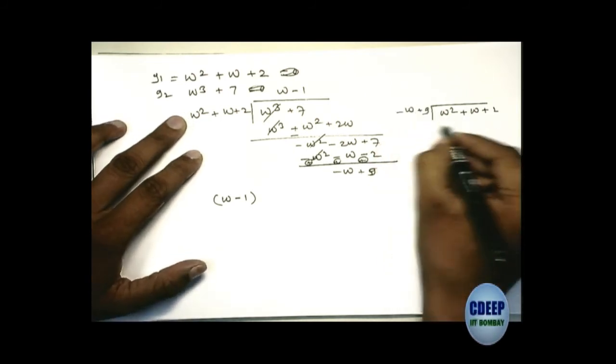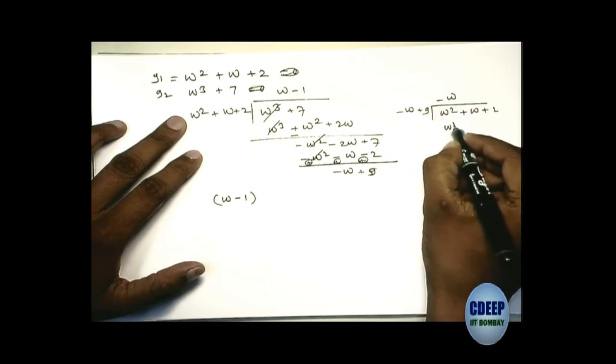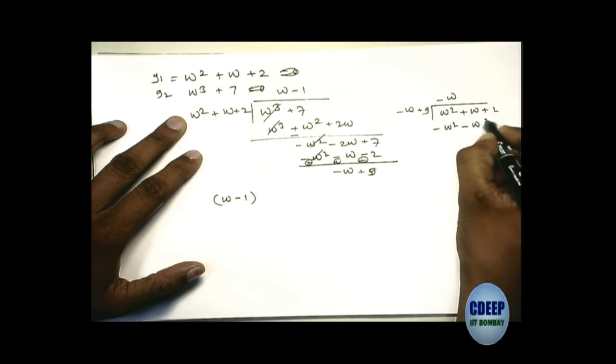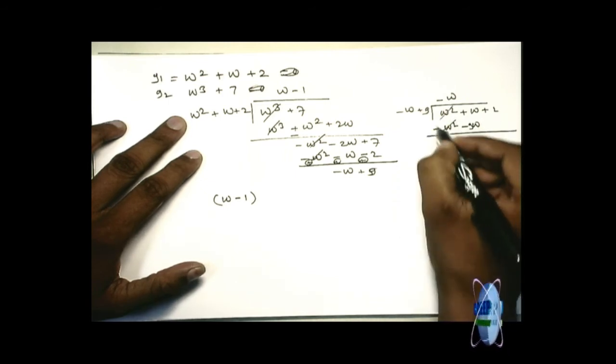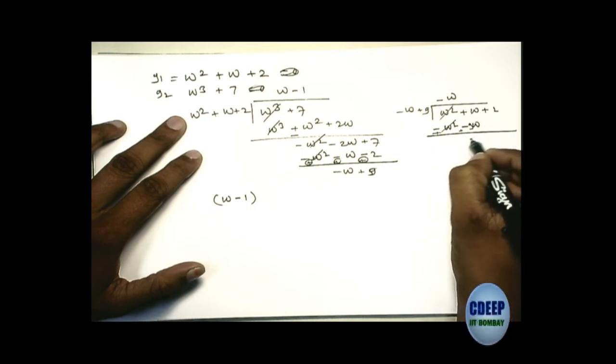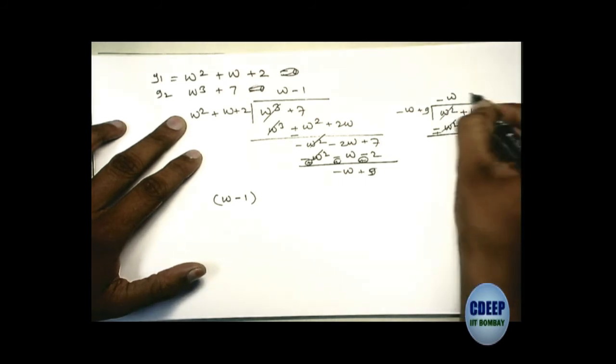Okay, so we'll do this division. So it is minus 9 omega, 10 omega plus 2. Again minus 10.